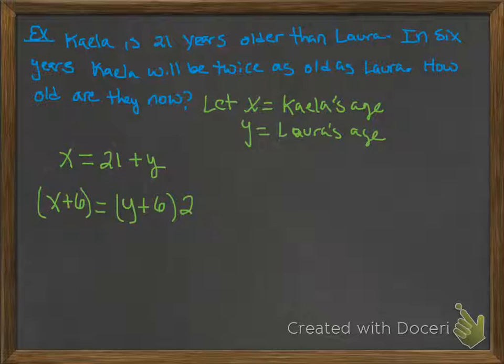So both of them get 6 years added, and that means Kayla's age will be twice Laura's. Alright, so now let's do a little math to solve this. My first equation I'm going to leave as is: x equals 21 plus y. My second equation, I want to do some multiplication. So x plus 6 is equal to 2y plus 12.